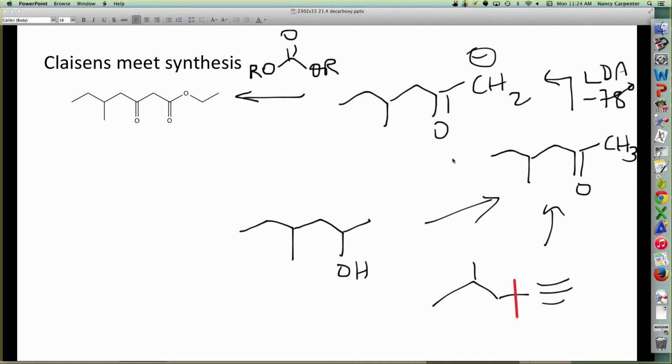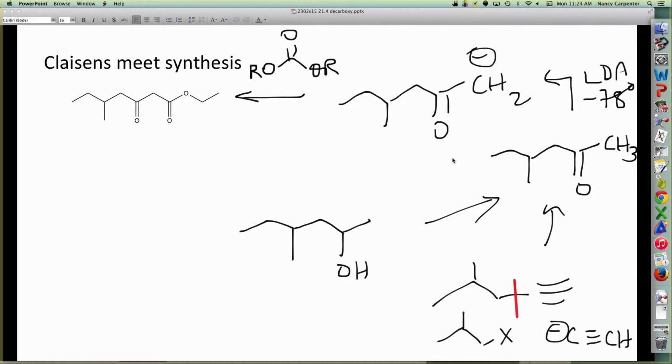Well, if I go the alkyne route, I'm going to break that bond to make an acetylide plus this alkyl halide electrophile.